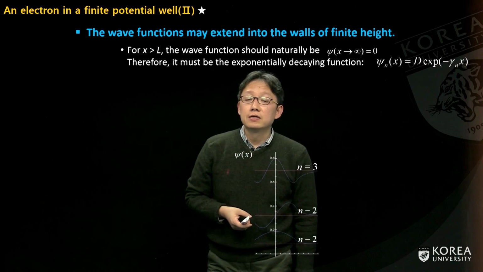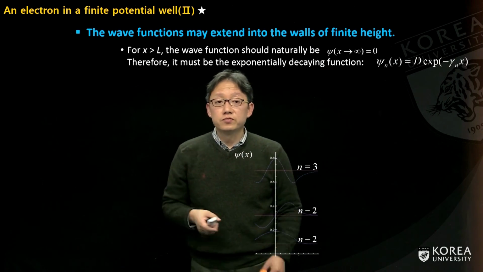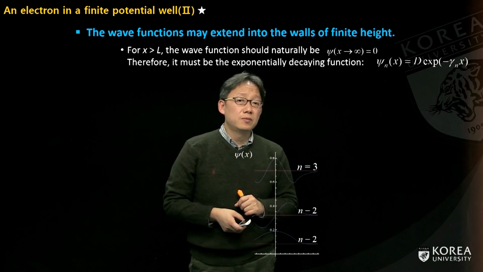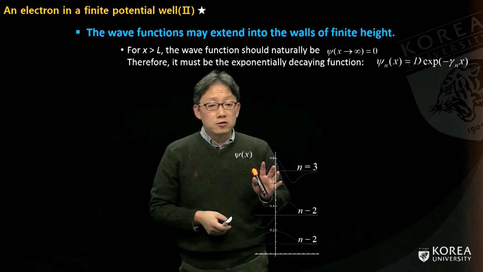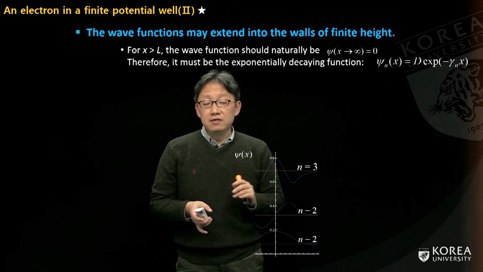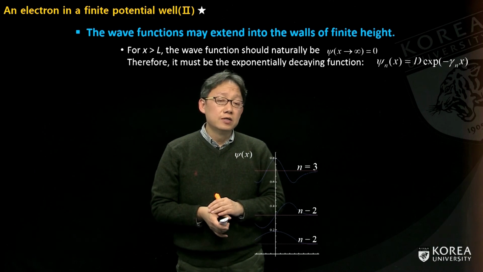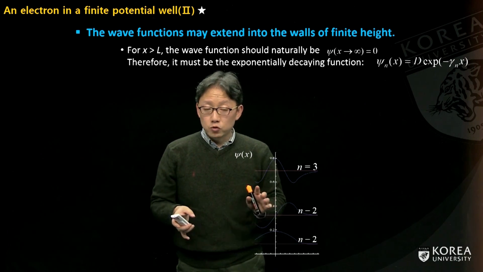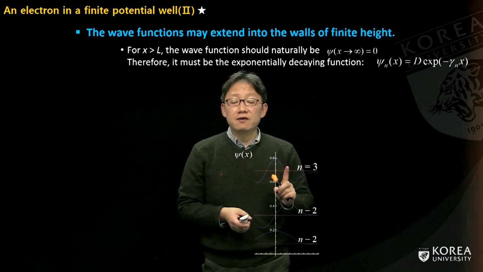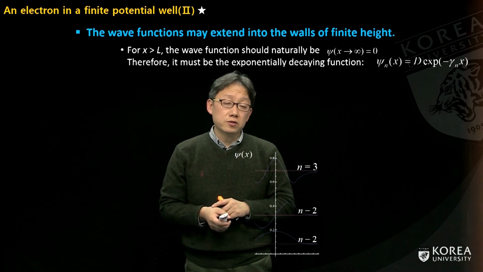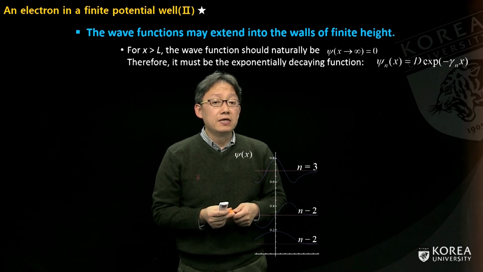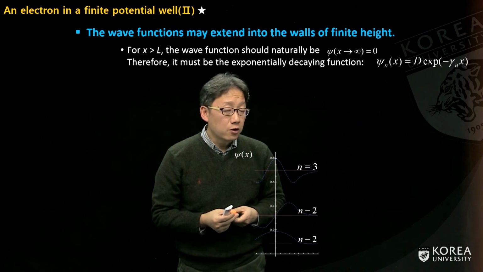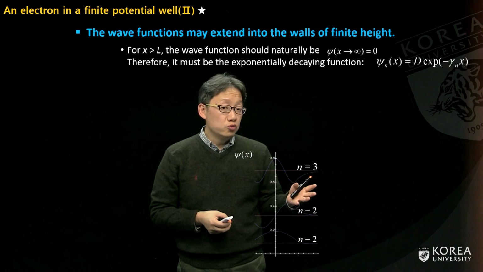Okay, using the general solution we have seen in the previous slide, now let's think about the boundary condition. Here, we do not have an infinite potential well, so the confinement principle doesn't work anymore, but we still have a different type of boundary condition, which means that if you go infinitely far away from the well, then there should be no electron.